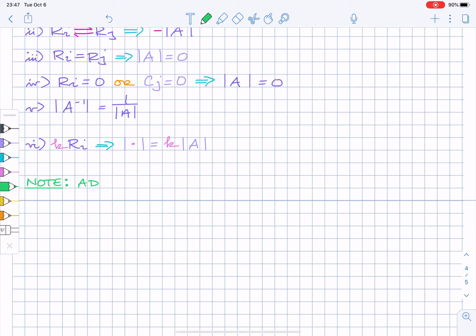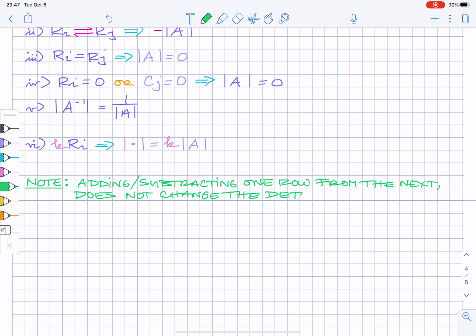So adding/subtracting one row from the next does not change the determinant. So we can perform some elementary row operations without changing the determinant.